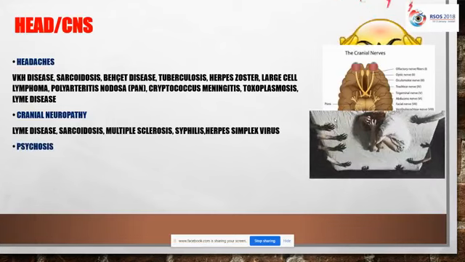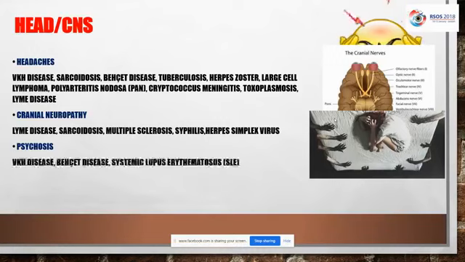Patients with psychosis: the psychosis can be because of Vogt-Koyanagi-Harada, because of Behçet, or because of systemic lupus erythematosus. Any of those diseases can present with psychosis.